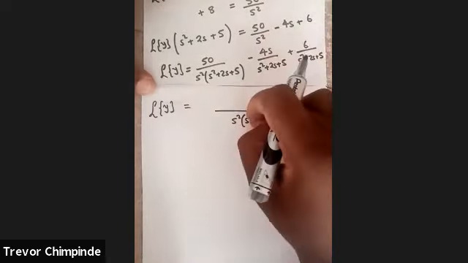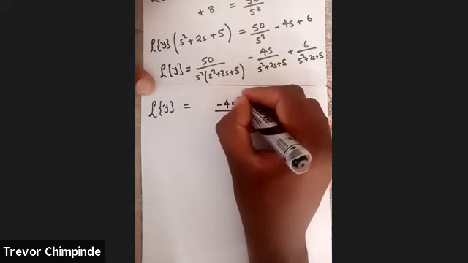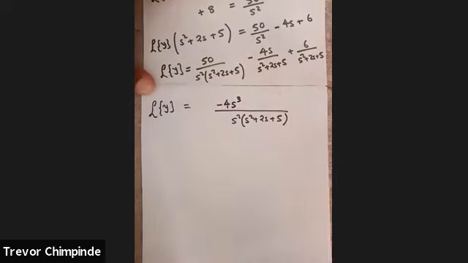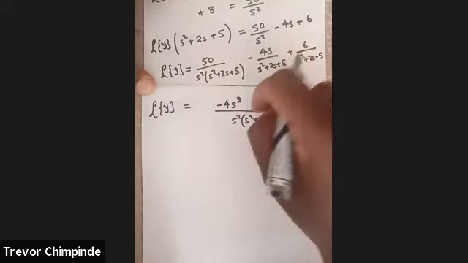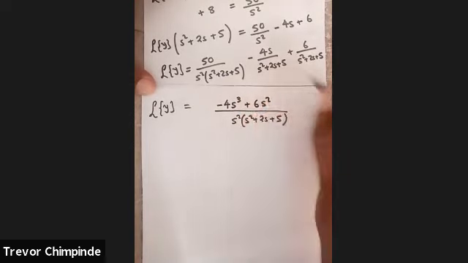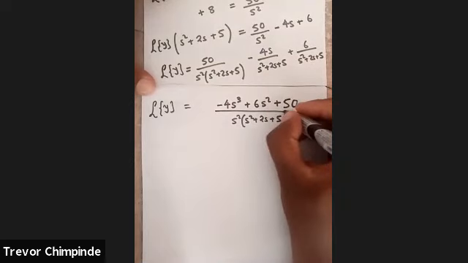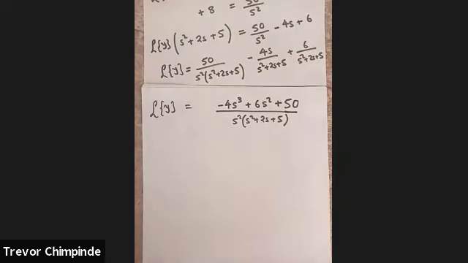So this into this we get negative 4s cubed. And then this one we get plus 6 s squared, then that one, so plus 50. So that we just have a single fraction. Is this okay? Do we have any comments?